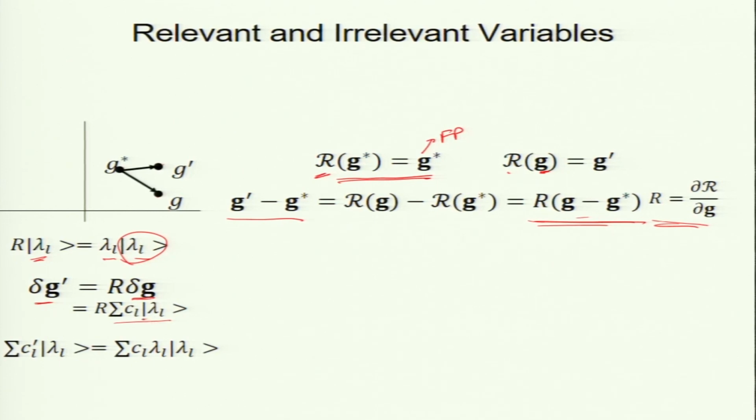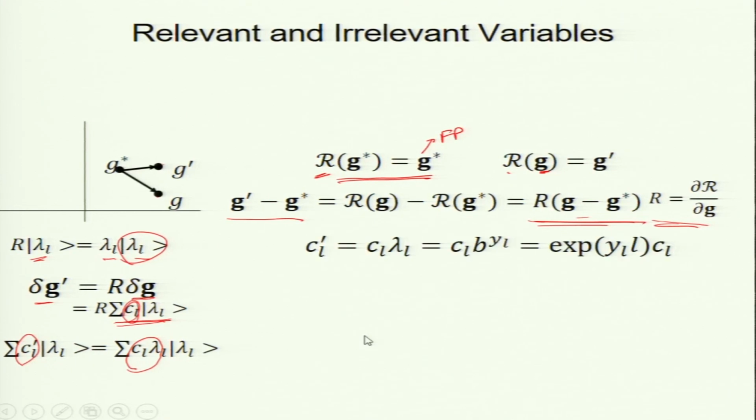Then I get how the coefficient c_L changes under RG. The c_L prime, what we have after the RG operation, is equal to c_L times lambda_L.